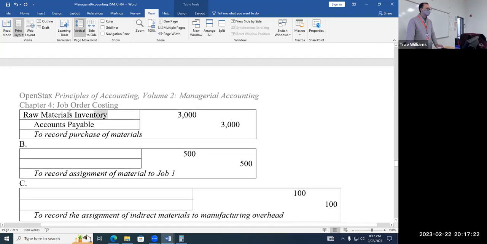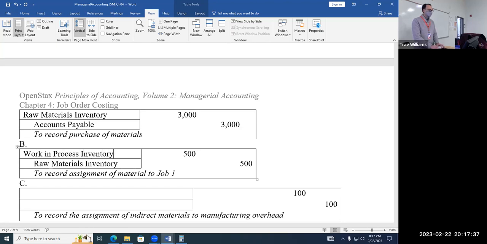So then we're taking it out of raw materials inventory. That gets the credit. And do you remember where it goes? Work in process inventory. Okay, so it's coming out of raw materials into that particular job's work in process inventory.